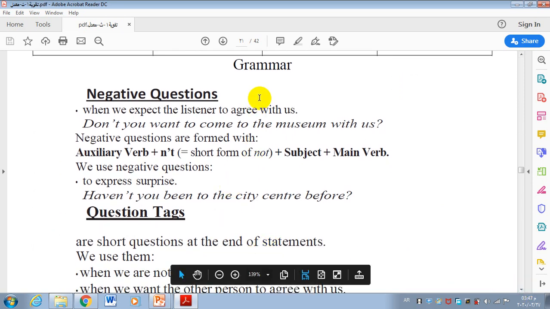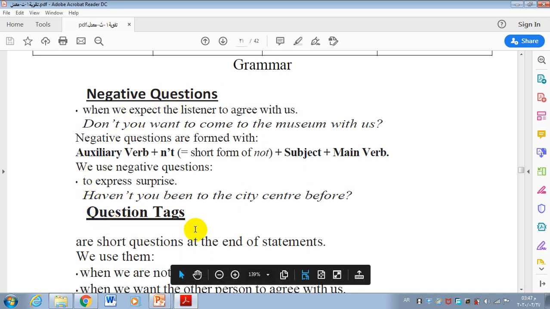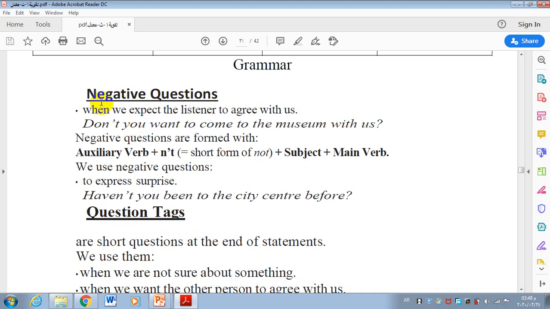Our grammar today is about negative questions and question tags. What are negative questions and how do we form negative questions? We use negative questions when we expect the listener to agree with us.